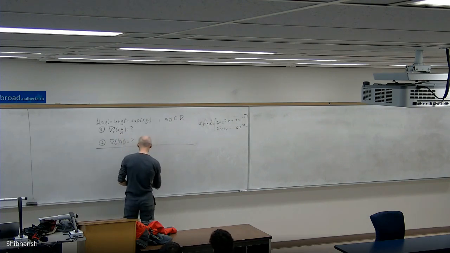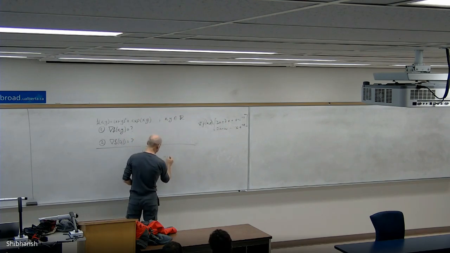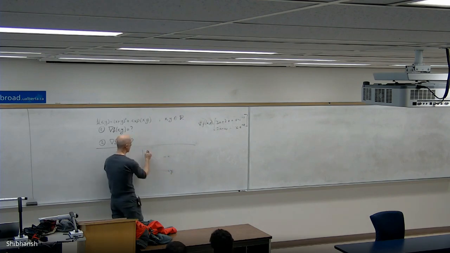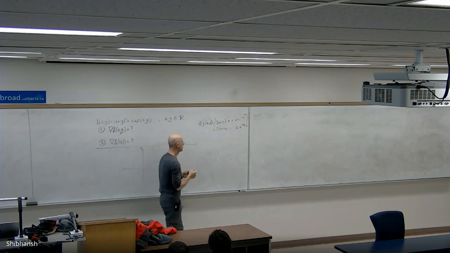So we need 2 variables at least. So there is x, and there is y. And then you have your function. This is your z. So it will be a surface, right? It's kind of hard to draw, but there is some surface.